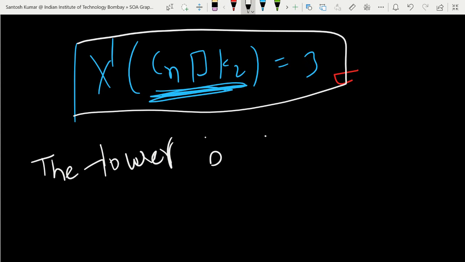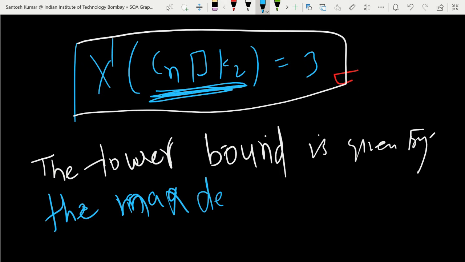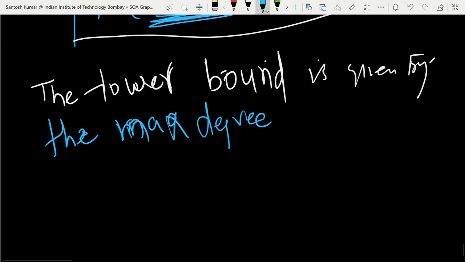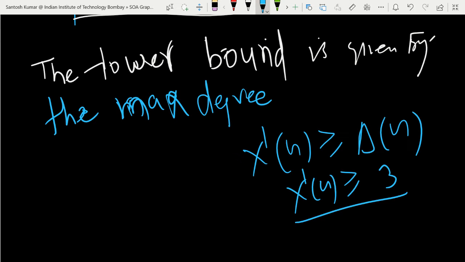So the lower bound is given by the maximum degree of a vertex. So you had the result that chi dash G is always greater than or equal to delta G, and delta is the degree of each vertex. So you are sure that it is more than or equal to 3.